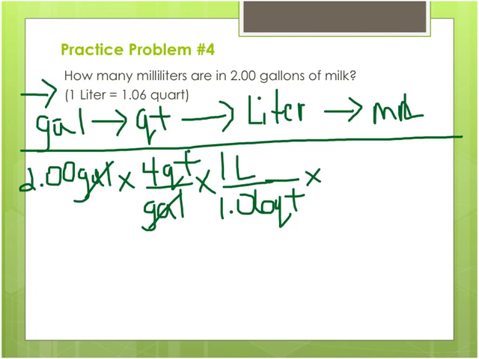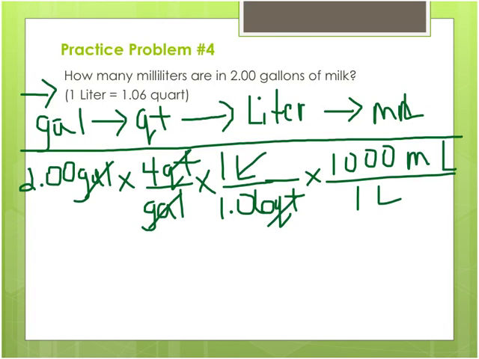And then finally, there are 1,000 milliliters in every 1 liter. So now quarts cancels, and then liters cancels, and we're going to be left with the unit that we want.